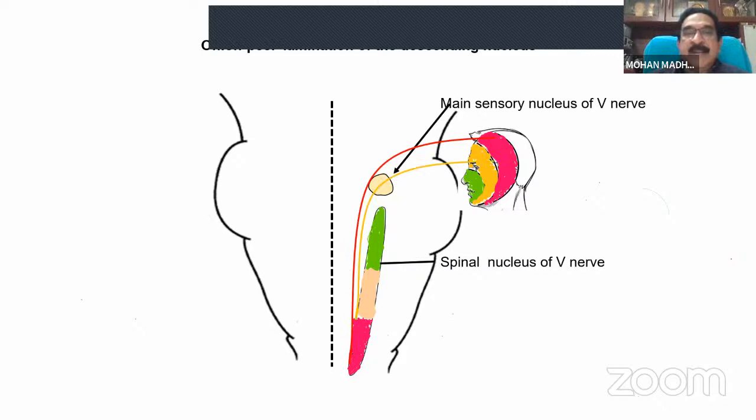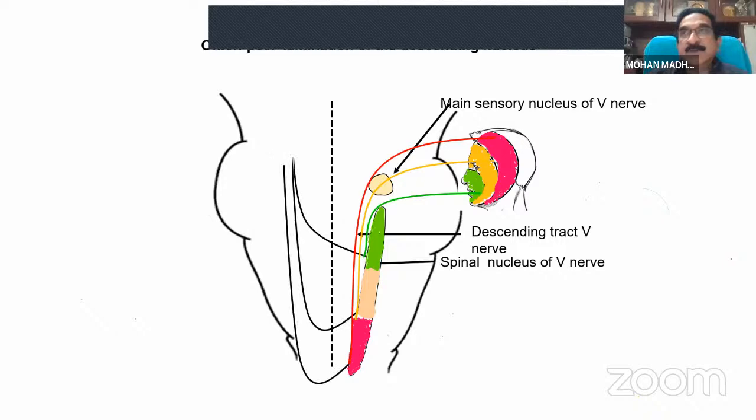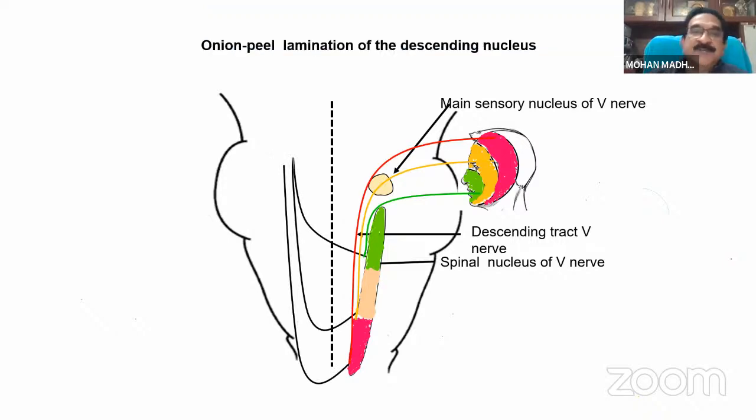Those in the middle part go to the middle part of the spinal nucleus, and those from the area in and around the tip of the nose and lips go to the upper part of the nucleus. For each level, this forms a descending tract and the other one is a descending nucleus. At each level, it goes to the opposite side and forms a tract called the ascending trigeminothalamic tract.